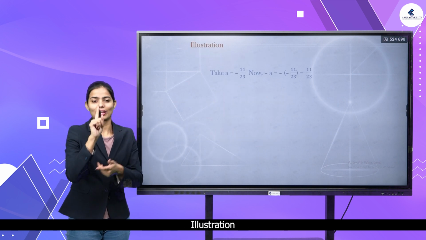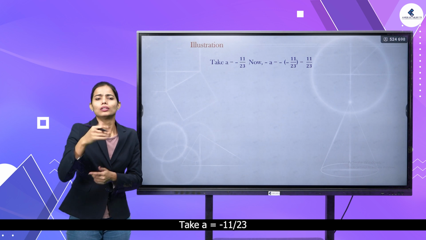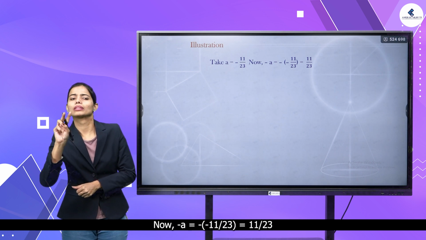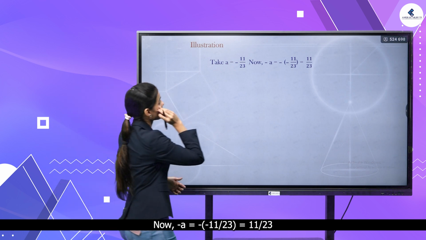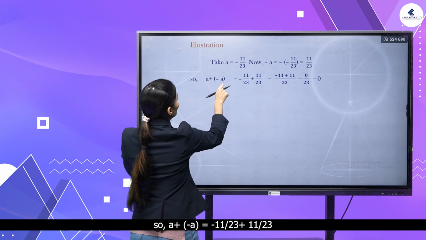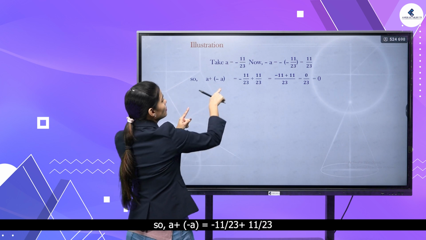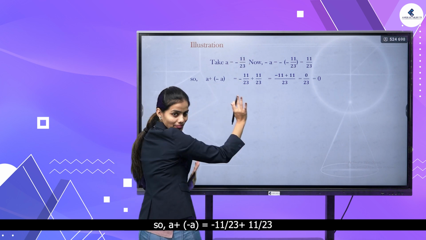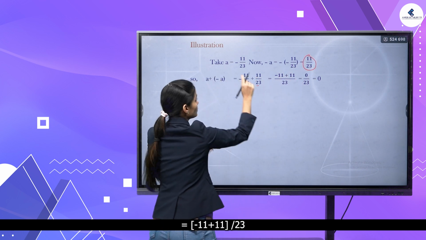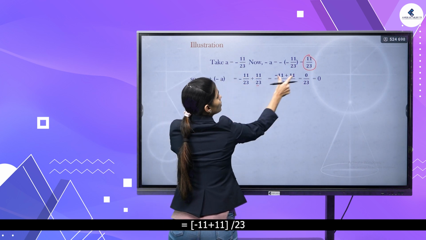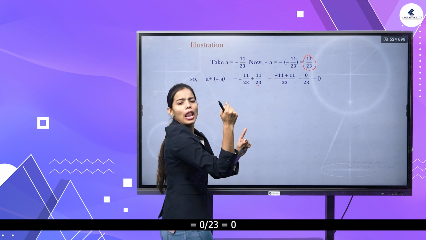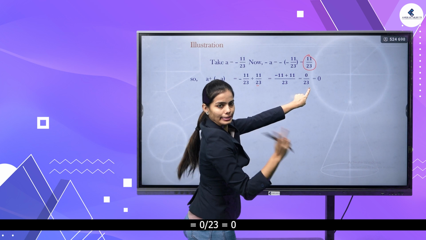Illustration. Take a is equal to minus 11 by 23. Now, minus a is equal to 11 by 23. So, a plus minus a is equal to minus 11 by 23 plus 11 by 23 is equal to minus 11 plus 11 by 23, which is equal to 0 by 23 is equal to 0.